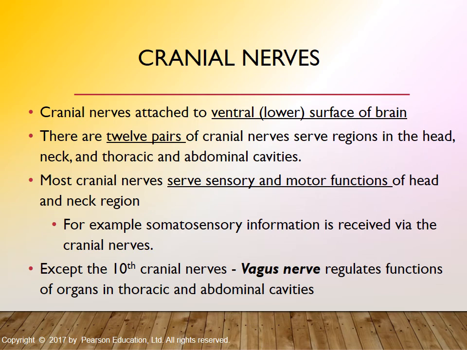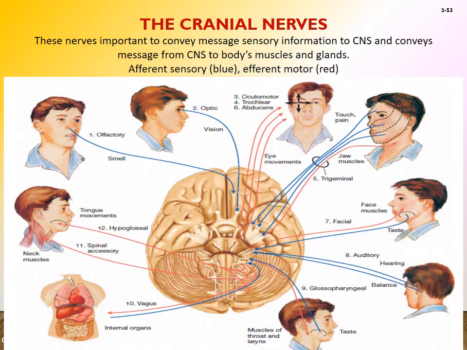Most of the cranial nerves serve sensory and motor functions of the head and neck region. For example, somatosensory information is received via the cranial nerves. But the exception is the 10th cranial nerve, the vagus nerve, which regulates the function of organs in the thoracic and abdominal cavities.